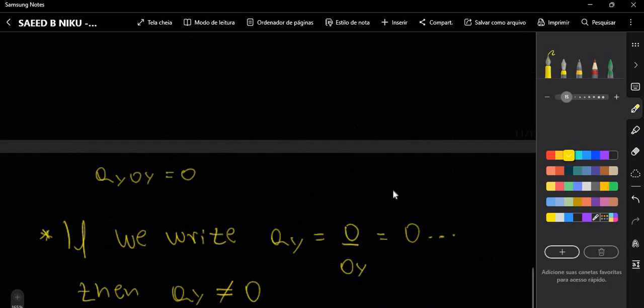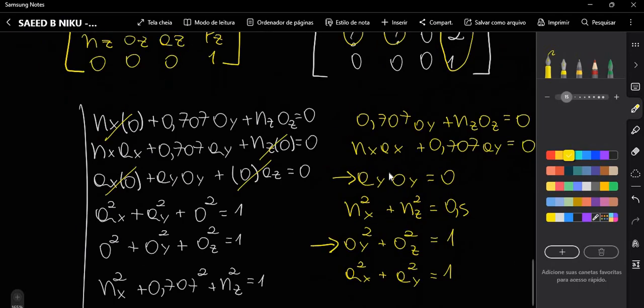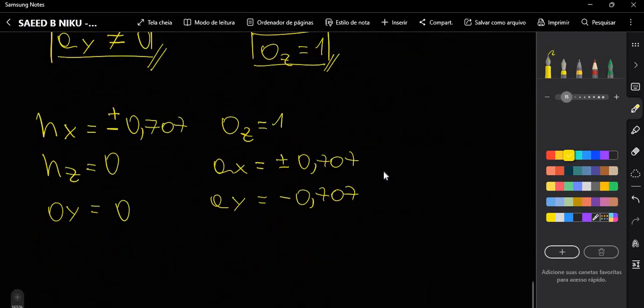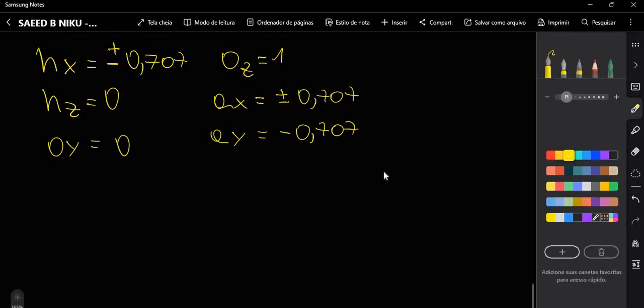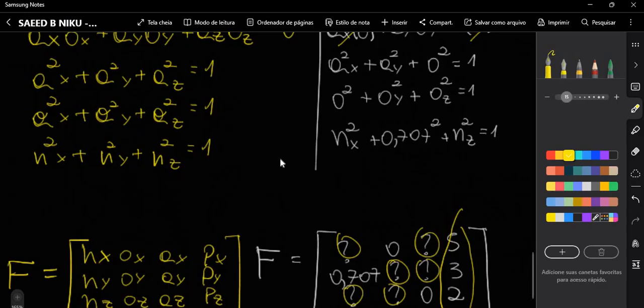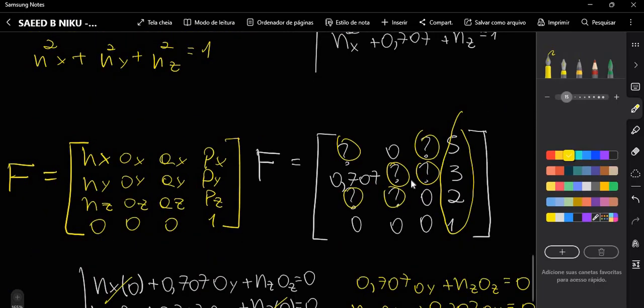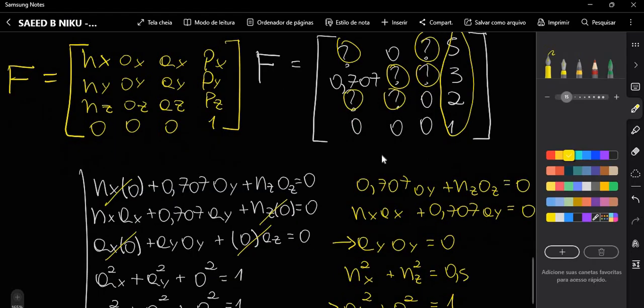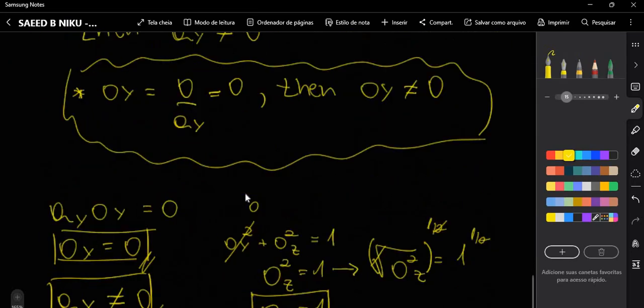Solving the 6 equations. So now let's write this matrix with the missing elements that we found right here.